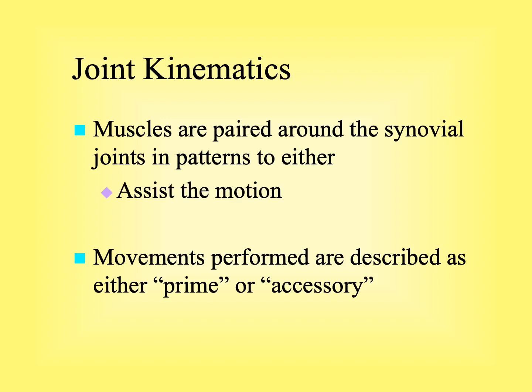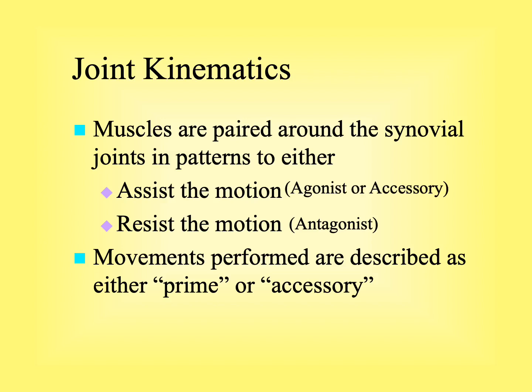They're either going to do the motion or assist in motion, or they're going to resist the motion. If they resist the motion, they are antagonist. If they are going to assist or provide the motion, they are primary, agonist, or accessory.